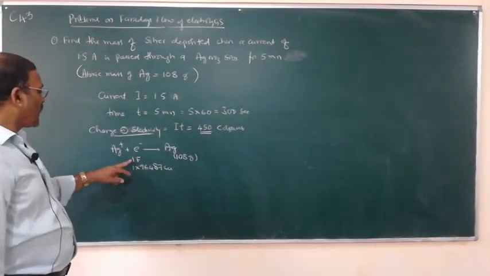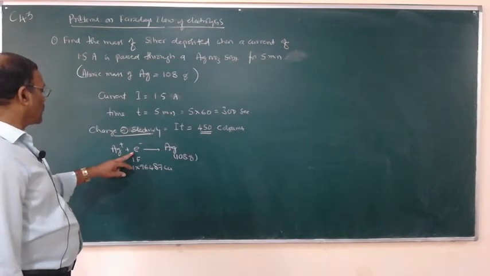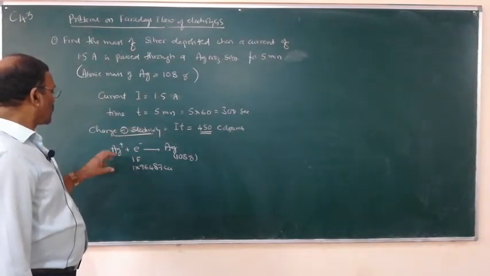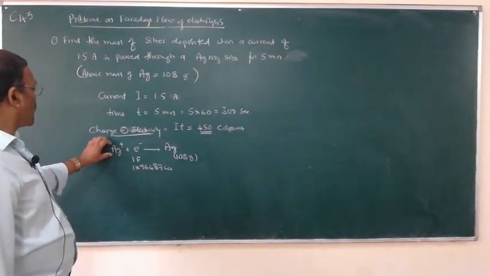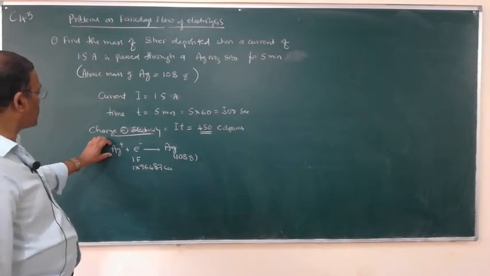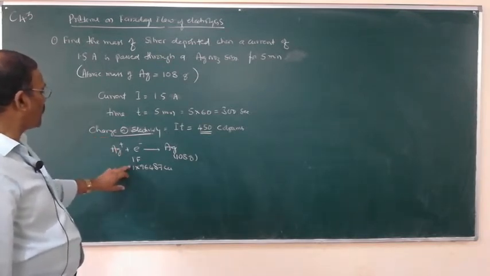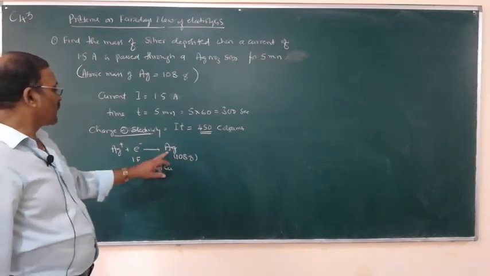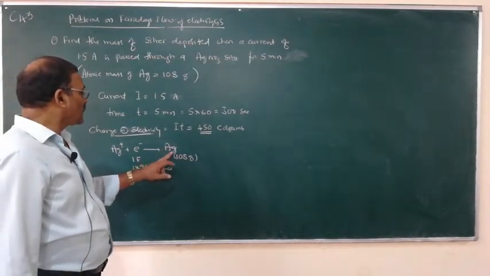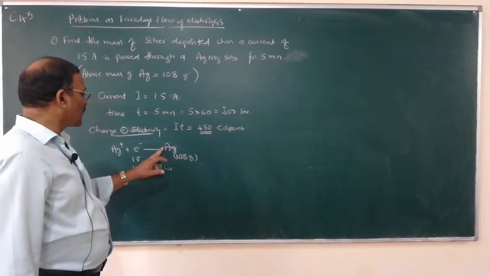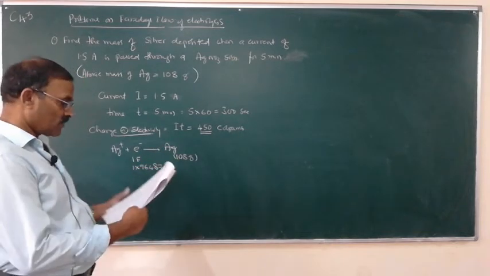When silver ions accept 1 mole of electrons, we will get 1 mole of silver. What is the atomic mass of silver? 108 grams.